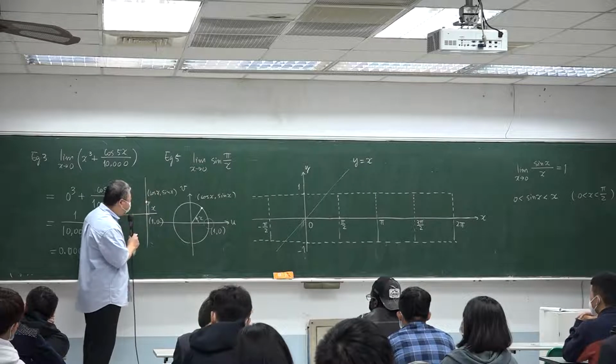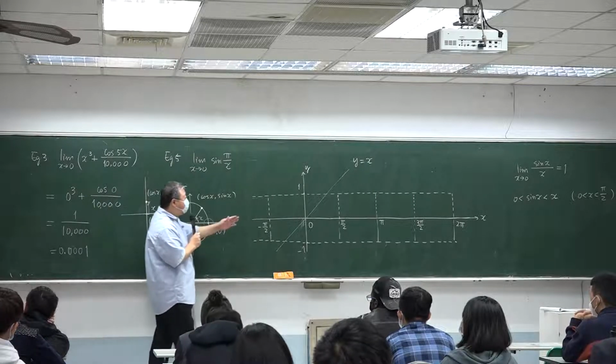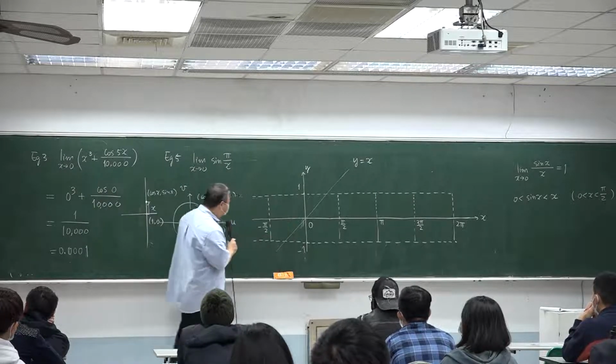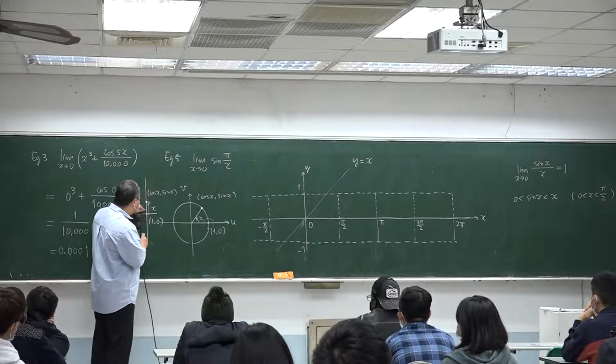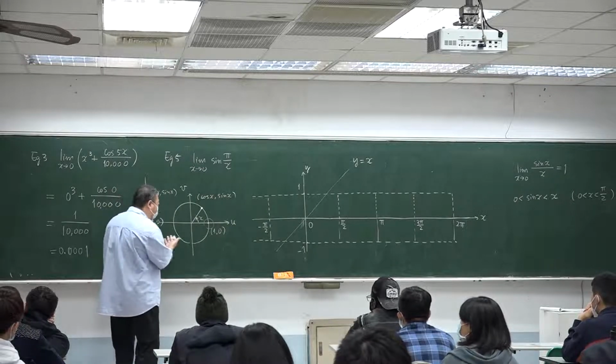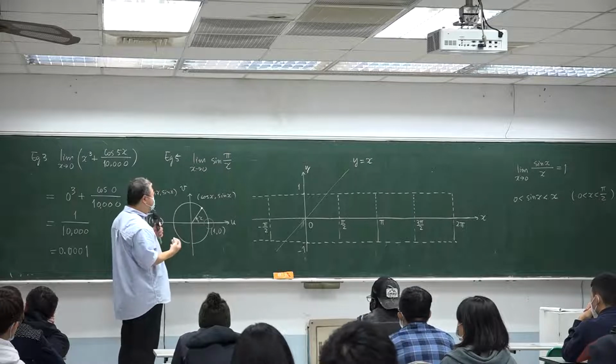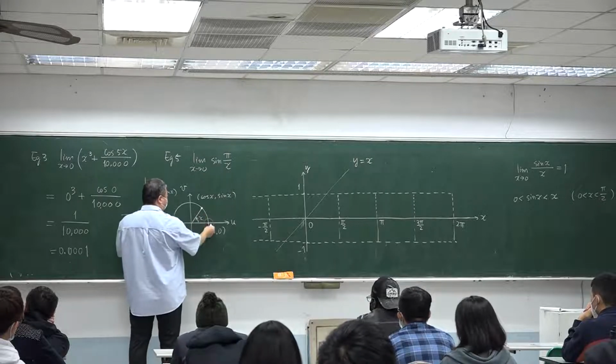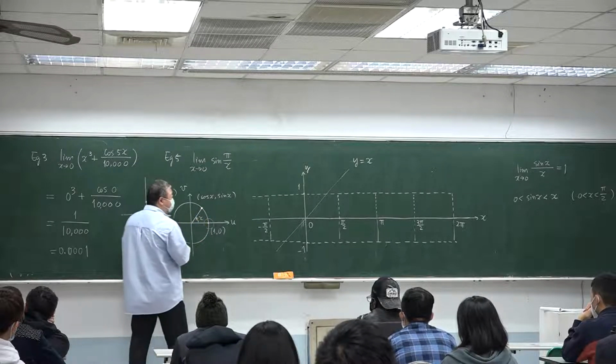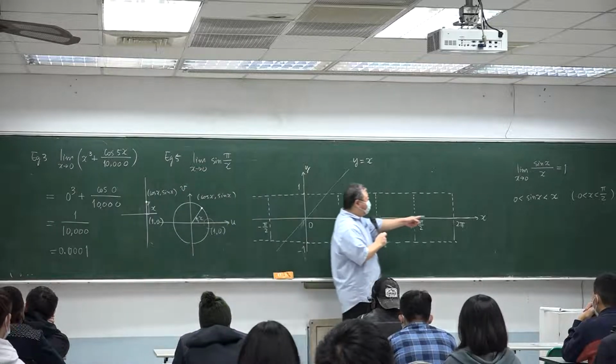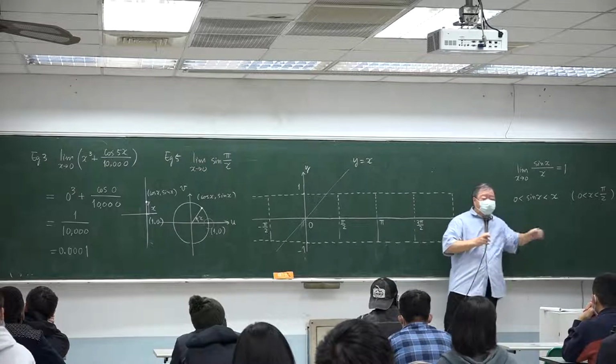These two are the same, which means this is a tangent line. But when x is larger and larger, from outside we human beings realize this is x, and this is sine x. Sine x should be smaller than x.